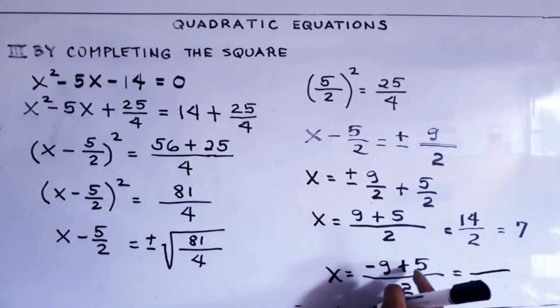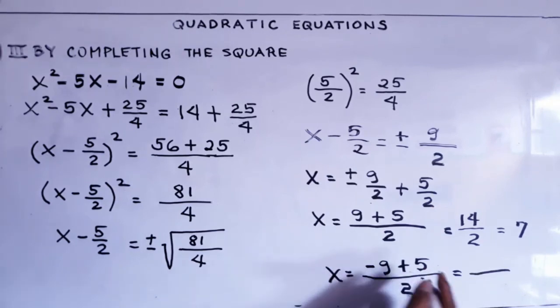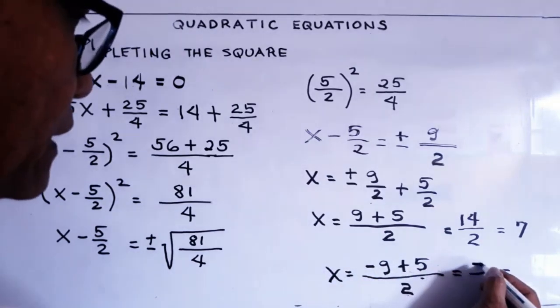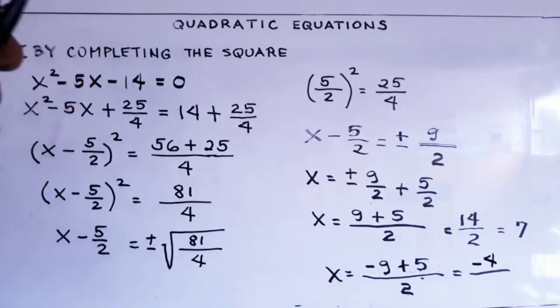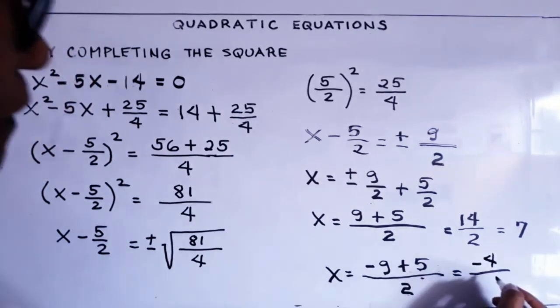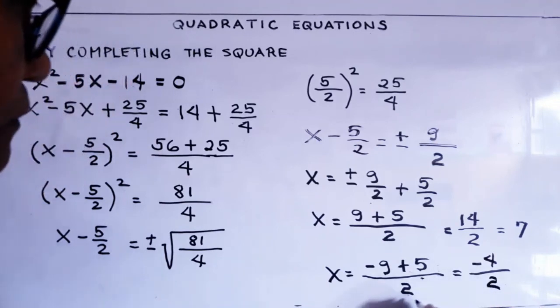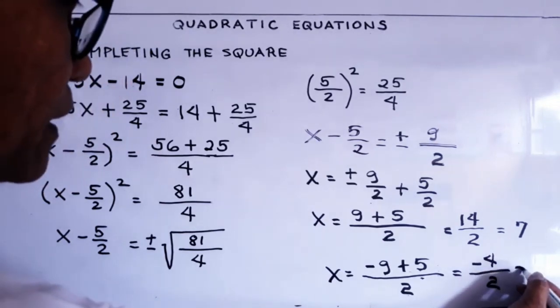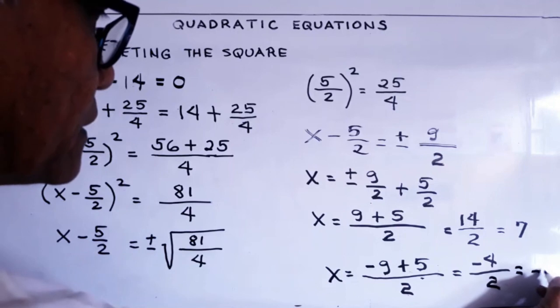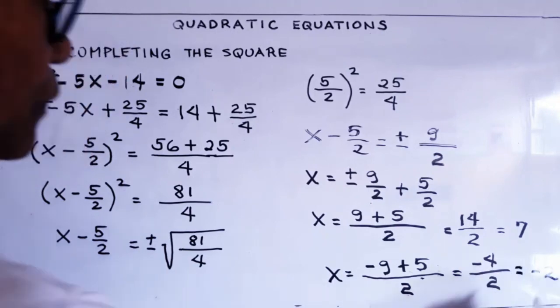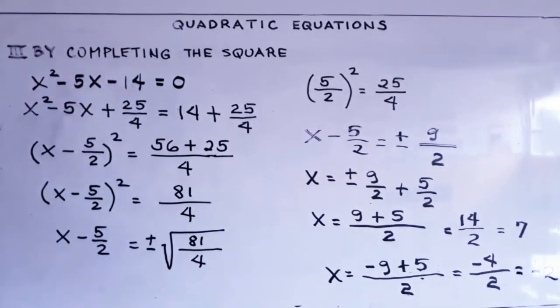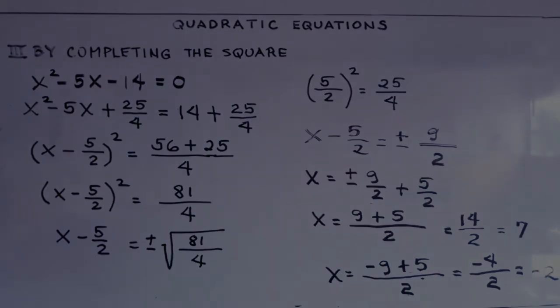Negative 9 plus 5 is negative 4. Right? Over 2, don't forget that you have still 2 there. So negative 4 divided by 2 is negative 2. So we have 2 solutions for this equation, that is 7 and negative 2.